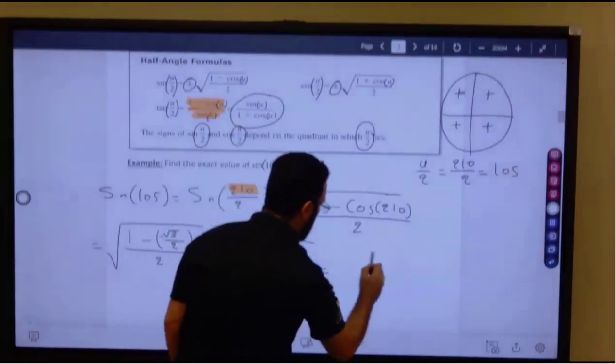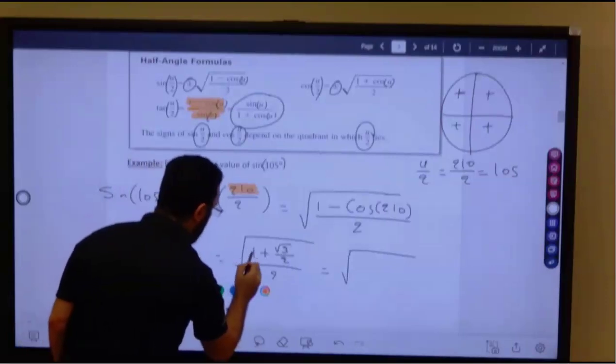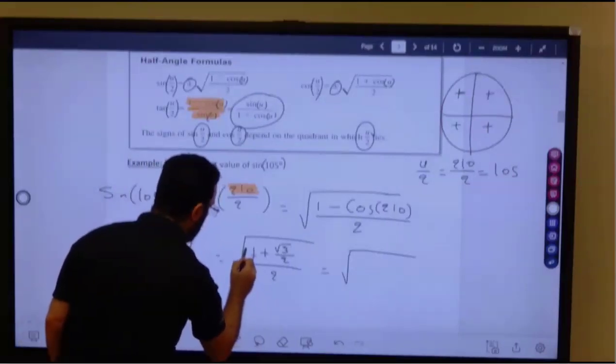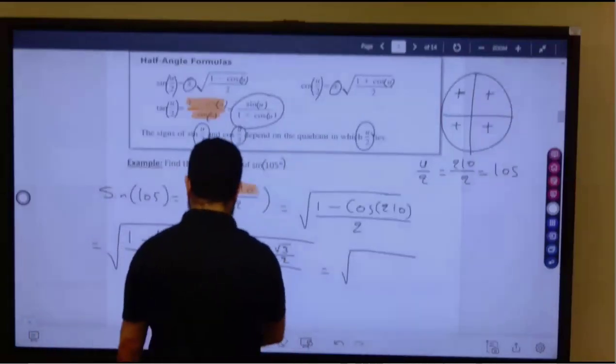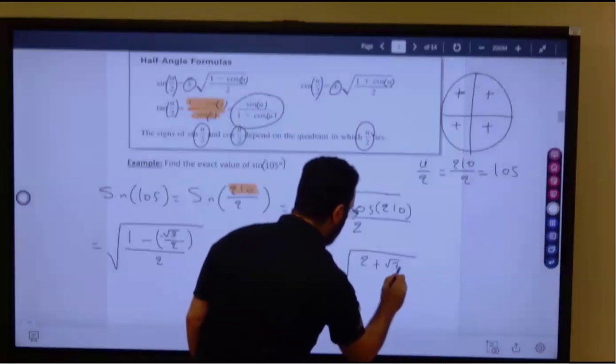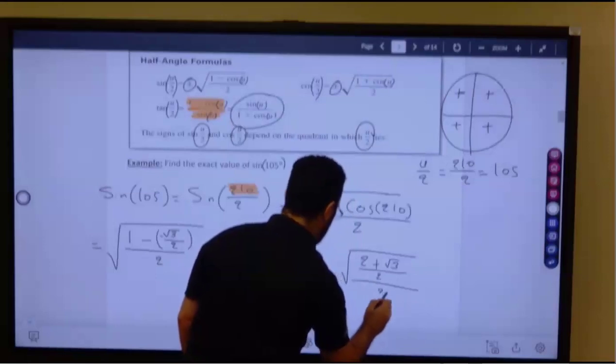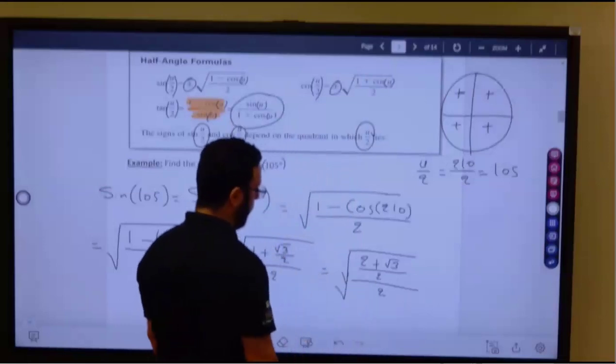How are we going to find the common denominator? By multiplying, because this is over 1, you multiply by 2. So it's going to be 2 plus square root of 3 divided by 2, and everything divided by 2. And careful, the whole thing is under the root.